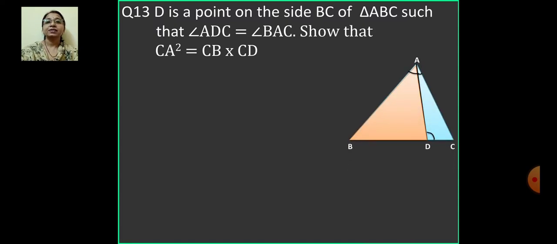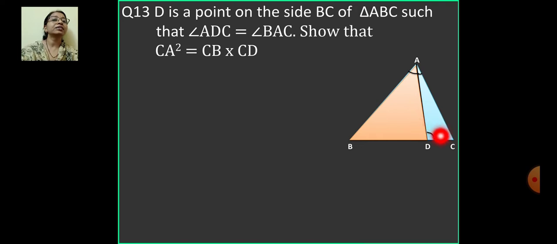Now next, question number 13, exercise 6.3. So here in the diagram what is given? D is a point on the side BC of triangle ABC such that angle ADC, this complete angle ADC, is equal to complete angle BAC.